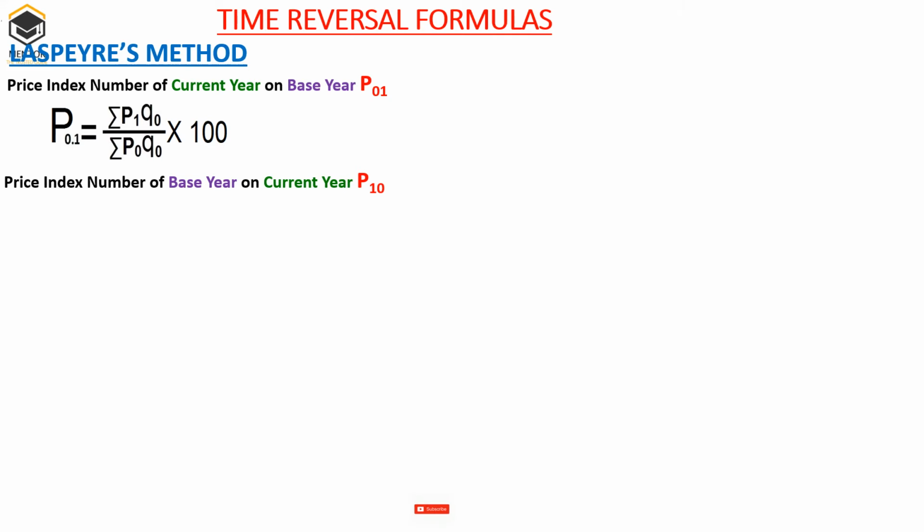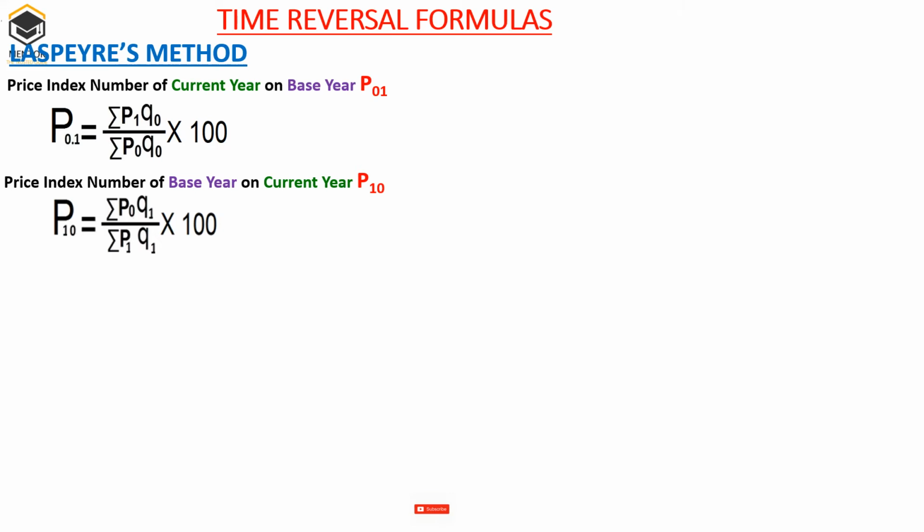Next we have the price index of the base year on the current year under Laspeyres. Here the time has reversed, so we have 10 instead of 01. How will the formula be? P10 is equal to summation P0Q1 divided by summation P1Q1.